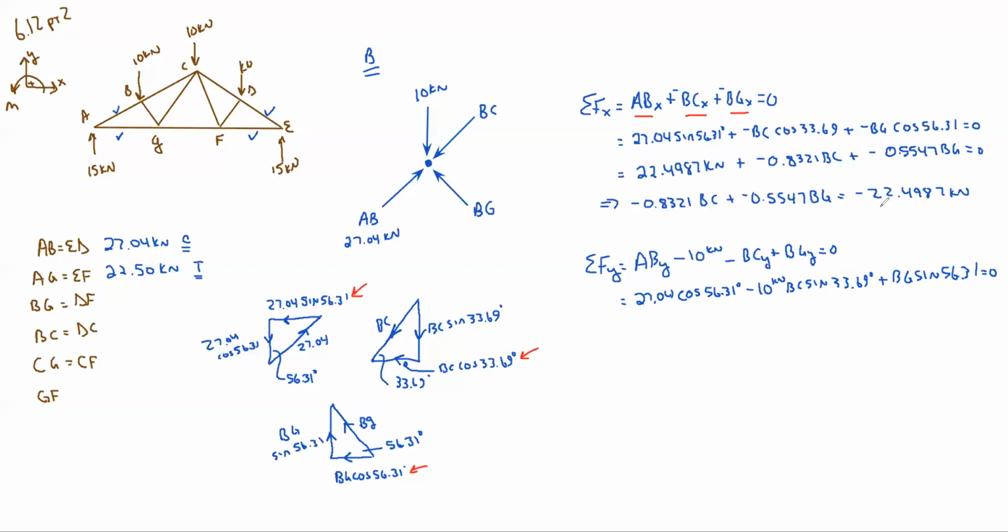Almost ran out of paper there. So let me kind of show you where those are. AB, BCY, and BG. Doing the arithmetic.